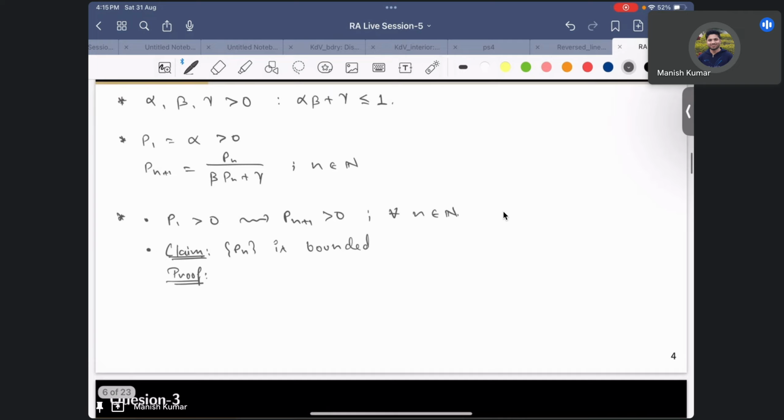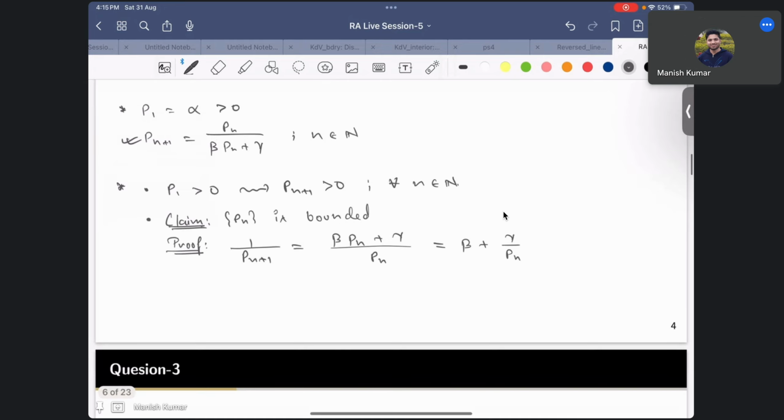If you look at the identity by which we define Pn plus 1, you just take 1 by Pn plus 1. So 1 by Pn plus 1 is beta Pn plus gamma upon Pn. I did this so that I can split the numerator. Once I split this addition, I get beta plus gamma by Pn.